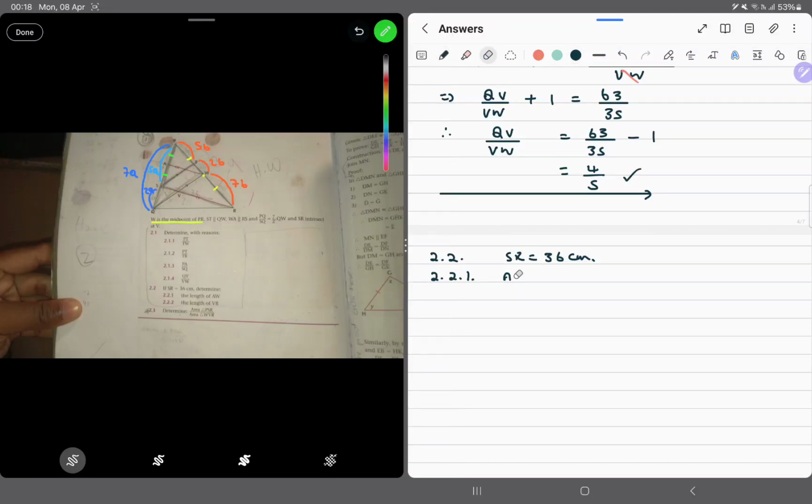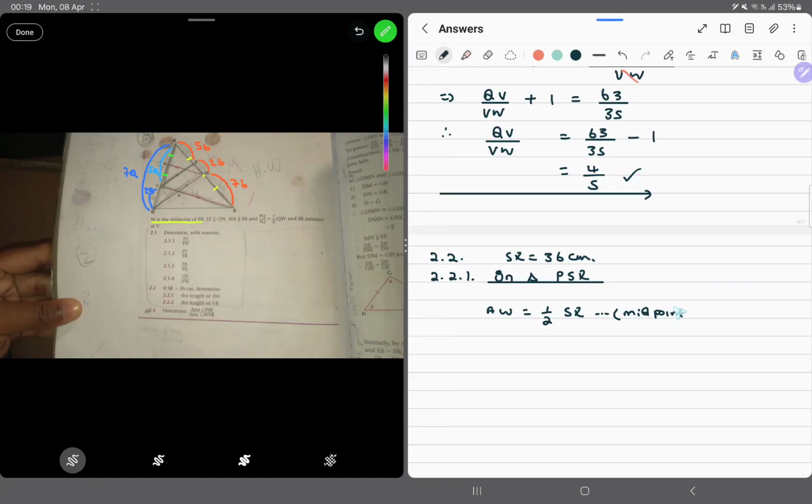Okay, maybe let's start by saying that first, in triangle PSR, because the midpoint theorem applies in that triangle, we know that essentially AW, which is what we want, is going to be equal to half the size of SR. How do we know this?